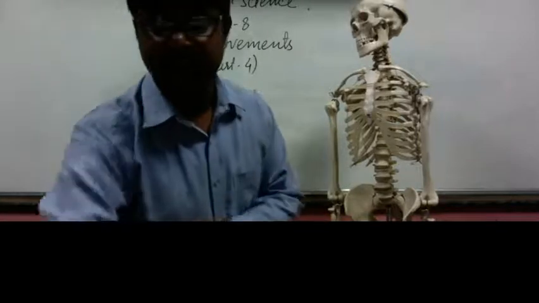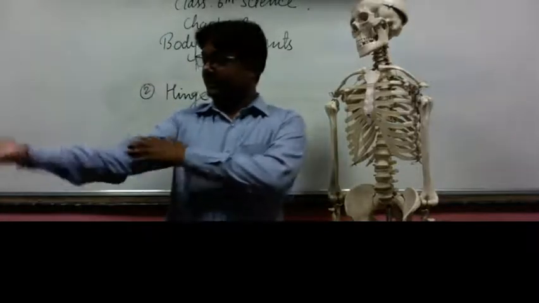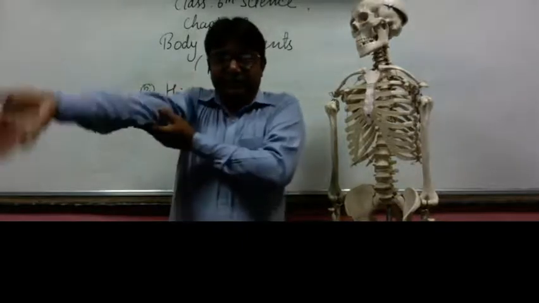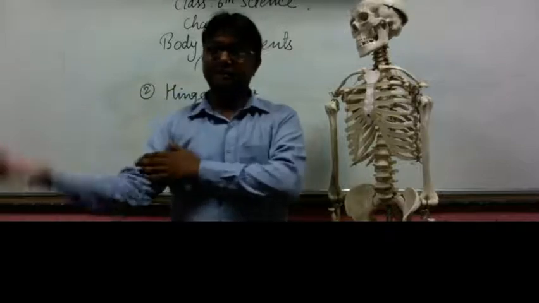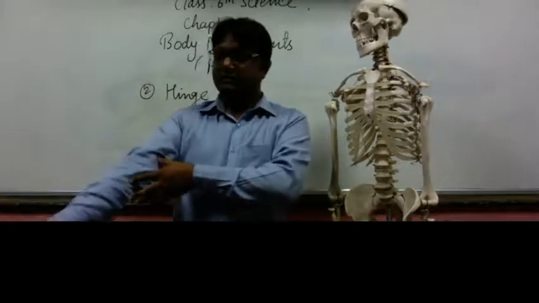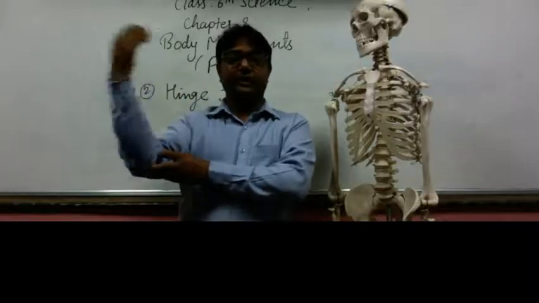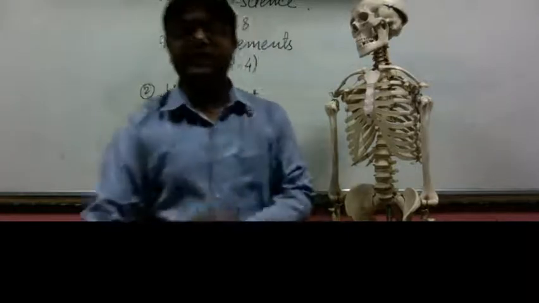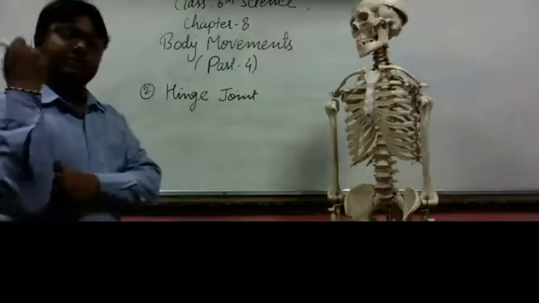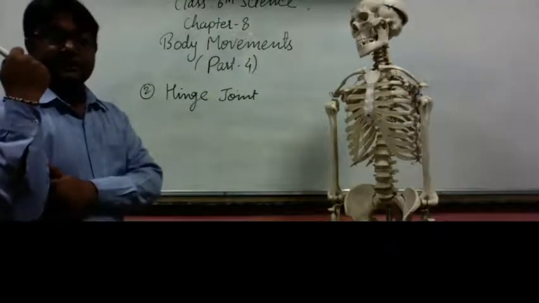If you observe the movement of your hands, the hand can be moved in one direction only. It cannot be bent at the back side. It is moving at one side, in one direction. So this joint which has only one direction of movement is called a hinge joint. Our forearm also has a hinge joint present here.